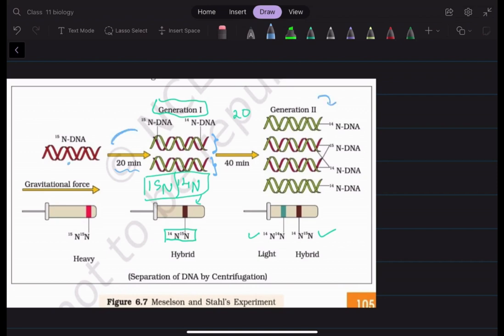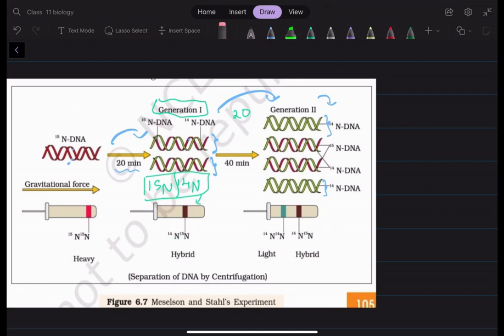As they were retained here, here also only two strands of heavy nitrogen are retained, right? And that is why the rest of it is just normal nitrogen, because the only source we gave there was normal nitrogen. So that is why we obtain this result.